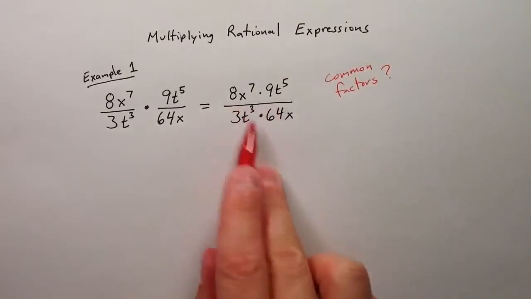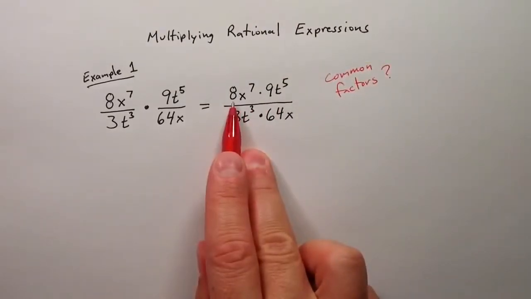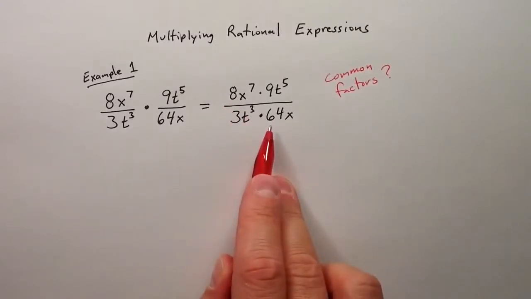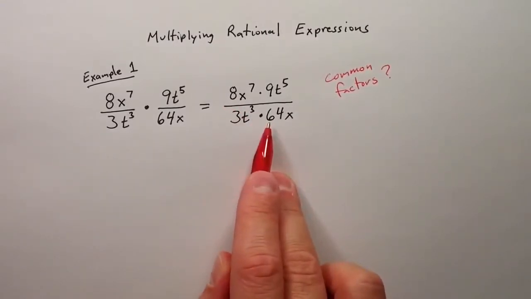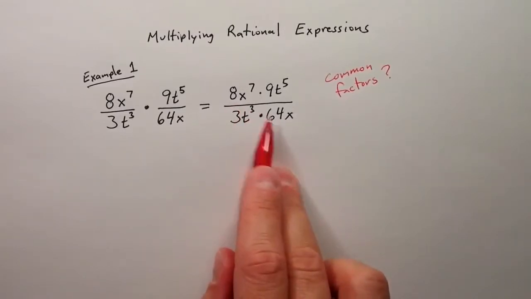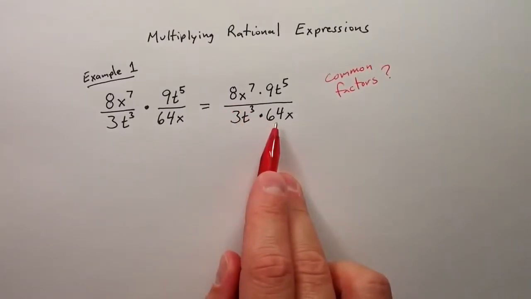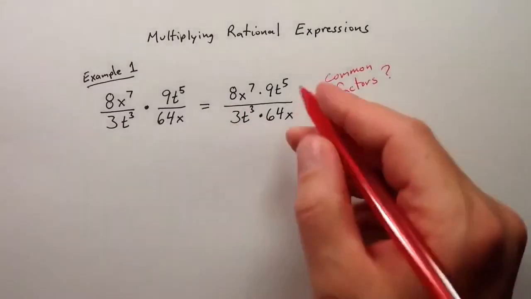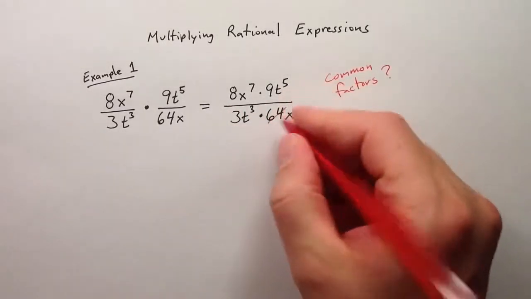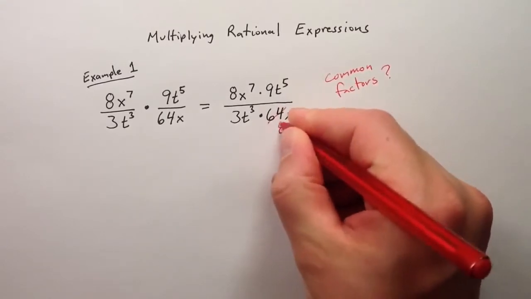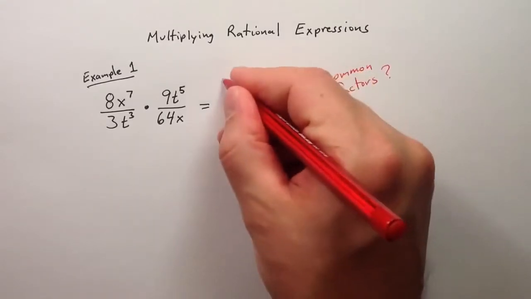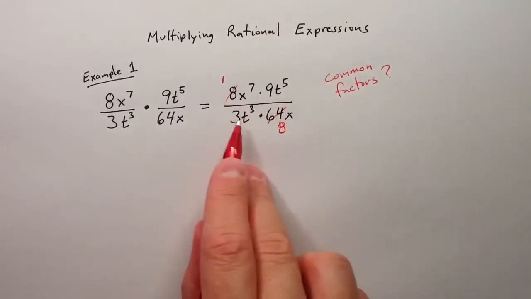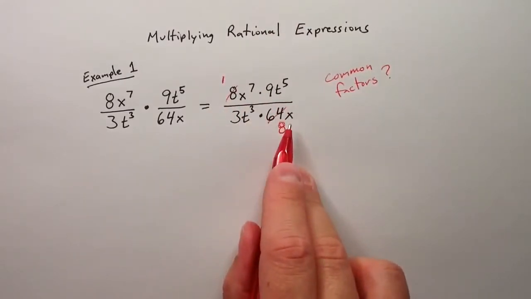Well, looking at the numbers and thinking about their factors, of course, 8 and 64 have common factors. They're both even, so 2 of course divides into both of them, but of course 8 times 8 is 64. 8 divides into 64 8 times. And so I can cancel the 8 up top with the 64 because 8 is multiplied with everything else up top and 64 is multiplied with everything else in the denominator.